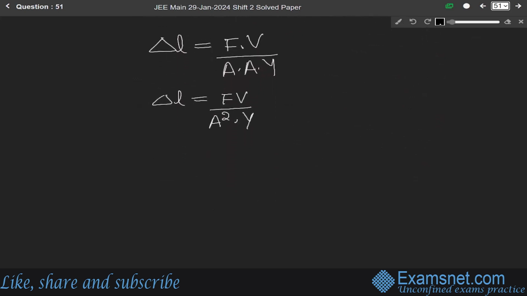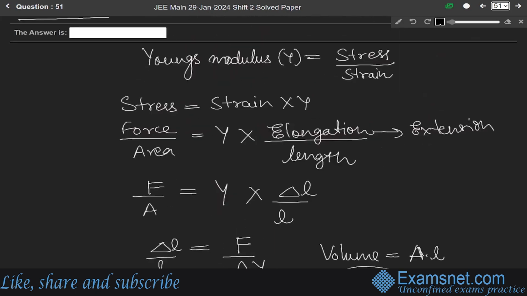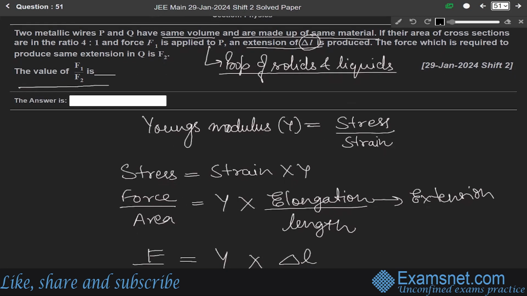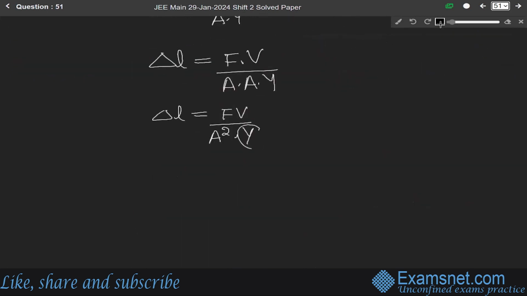Now since Y and V are the same for both the wires, according to the question, the wires have the same volume and are made up of the same material, so they will have the same value of Y as well as the same value of V. So delta L will be directly proportional to F over A square.